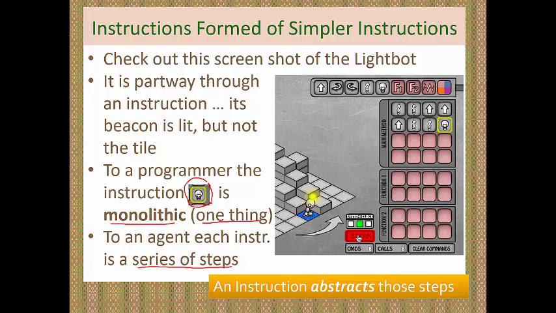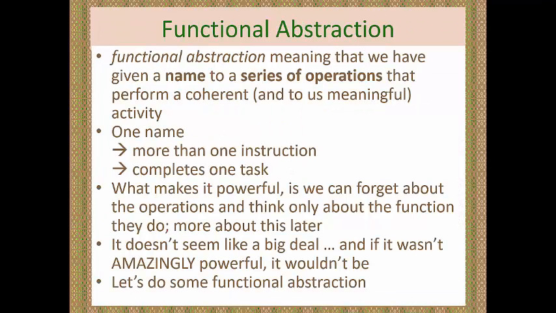So that, for us programmers, is actually an abstraction. You don't have to think, turn on this halo light, turn on the blue tile. You just have to apply this one instruction right here. So that moves us on to this concept of functional abstraction, which means we're going to give a name to a series of operations that performs, to me, one coherent activity.